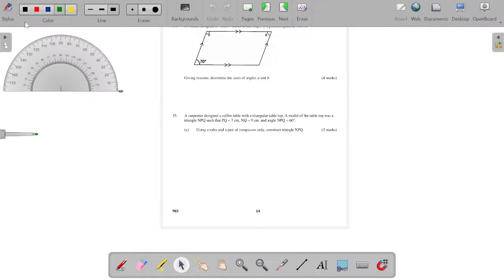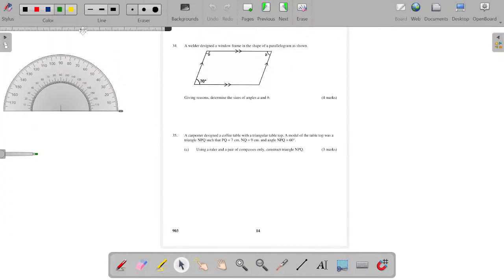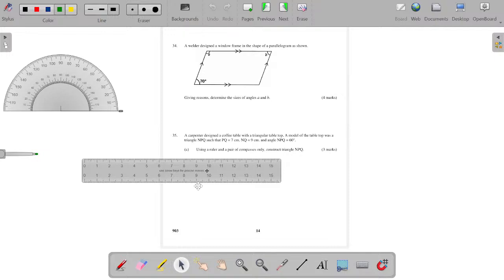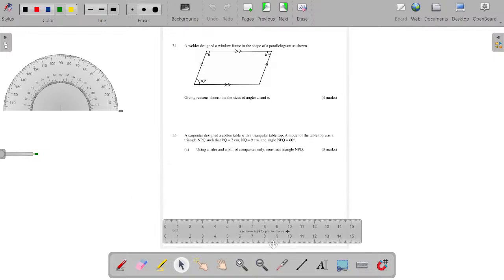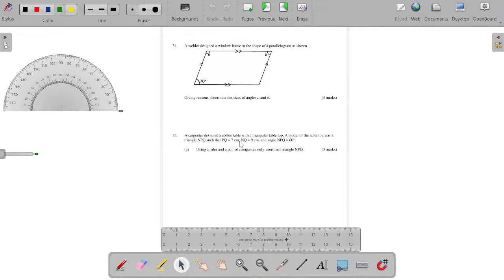I'll take my ruler and draw a line somewhere here.